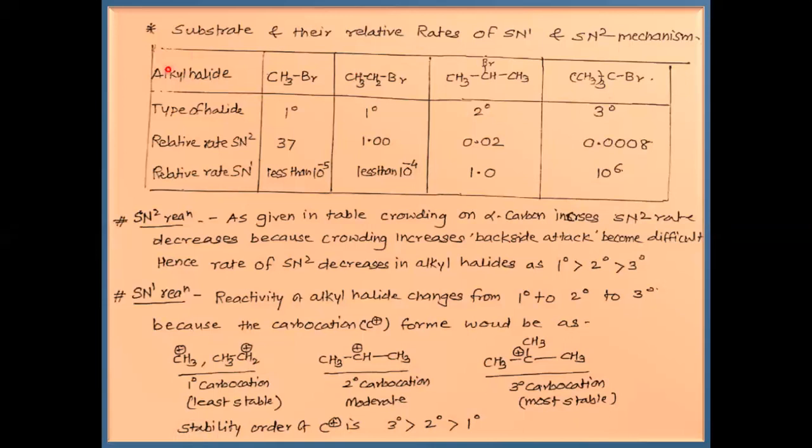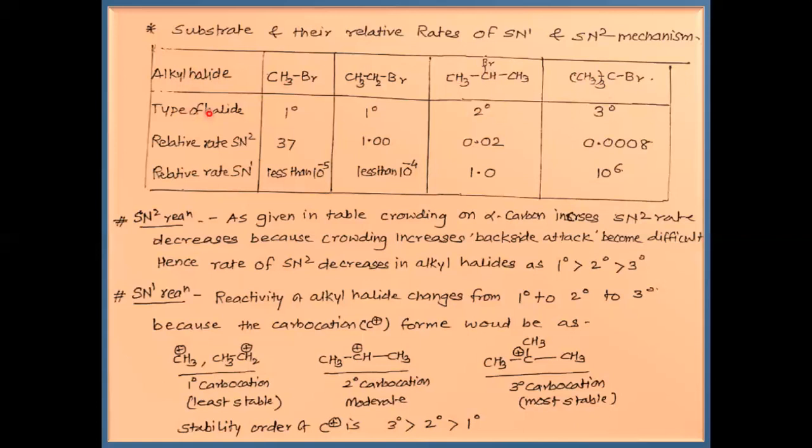Now here a table is given. In this, alkyl halides are given: CH3Br, CH3CH2Br, (CH3)2CHBr and (CH3)3CBr. So different alkyl halides are given.